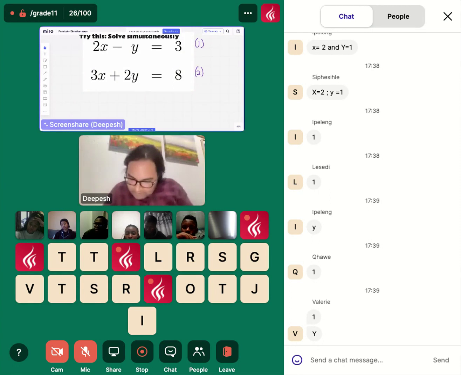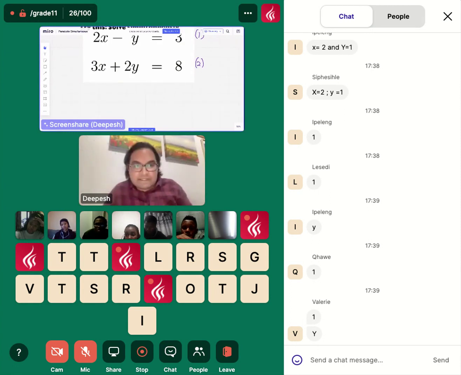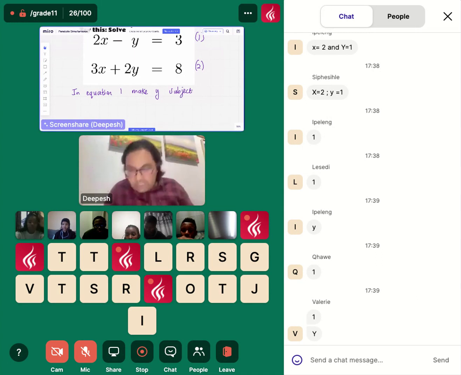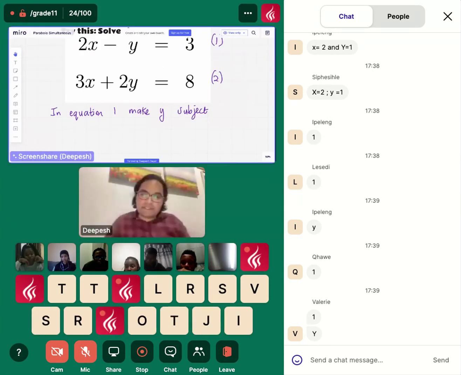Okay, so let's push this up so we have more space. In equation 1, make y the subject. I'm going to take the y to the right hand side and take the 3 over to the left hand side to make it easier.